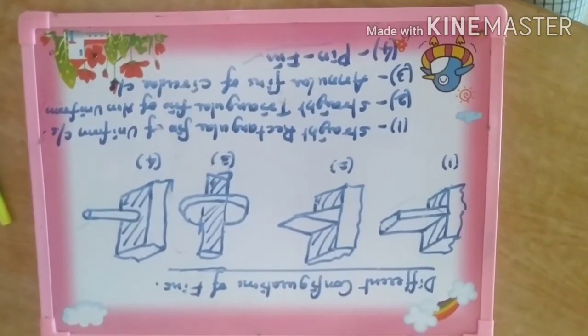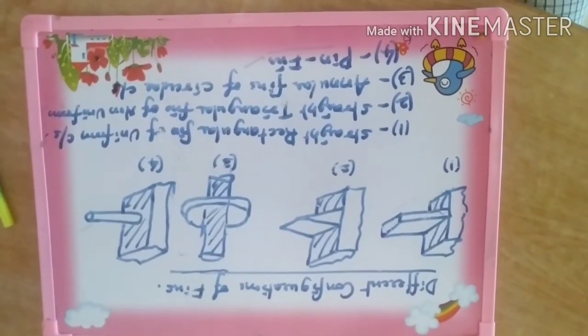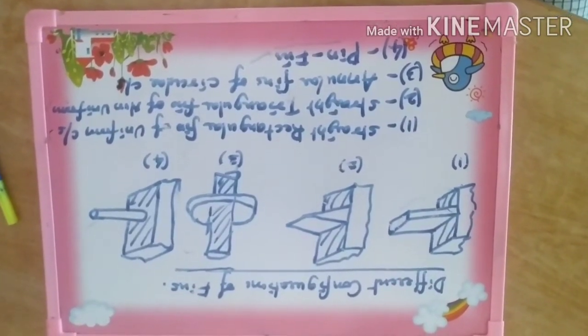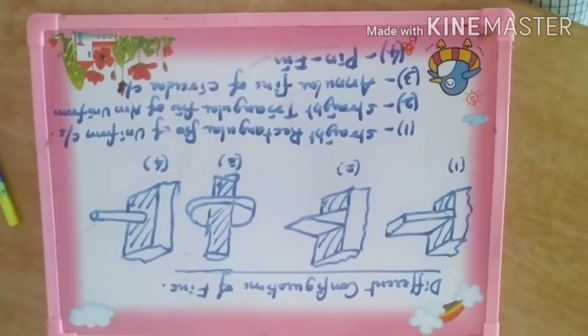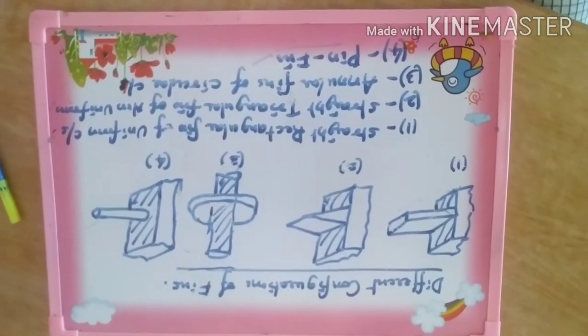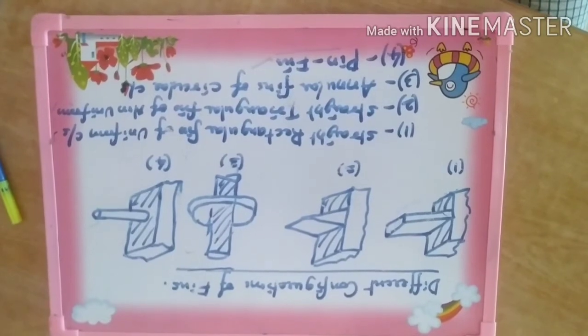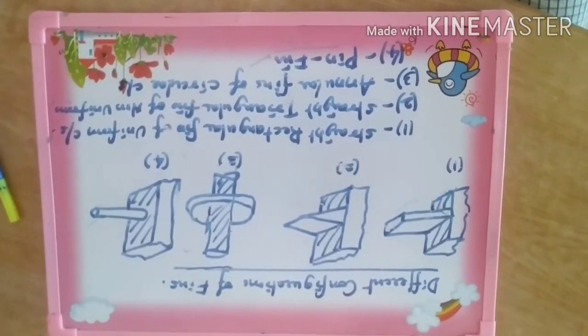We are going to derive two expressions to understand both of these, that is the rate of heat transfer as well as the temperature distribution, and that derivation is very important from the point of view of examination.